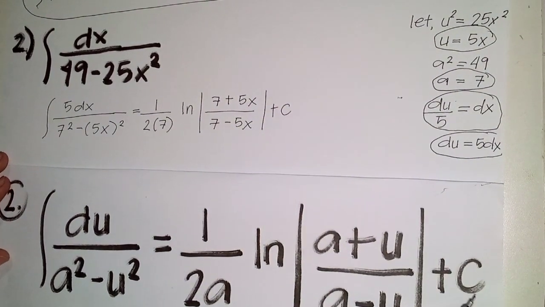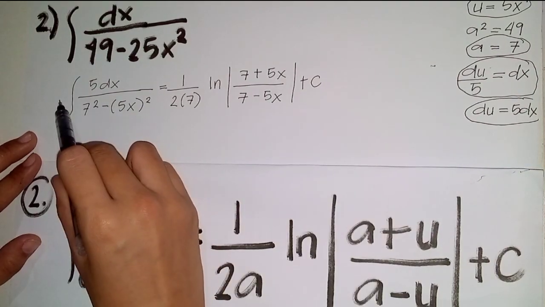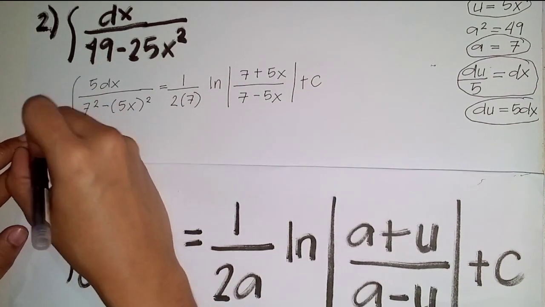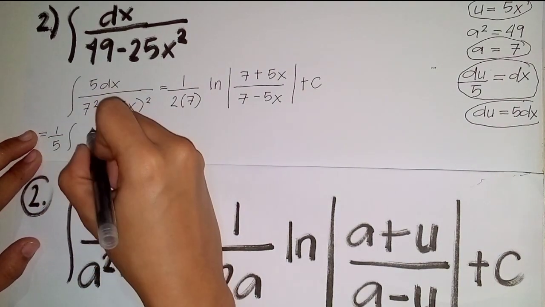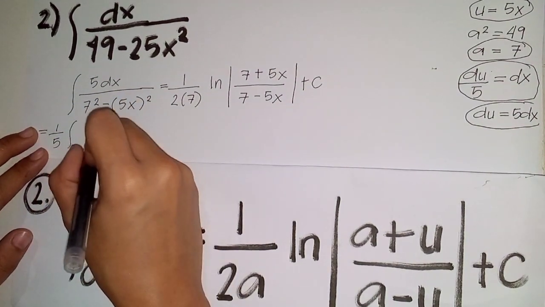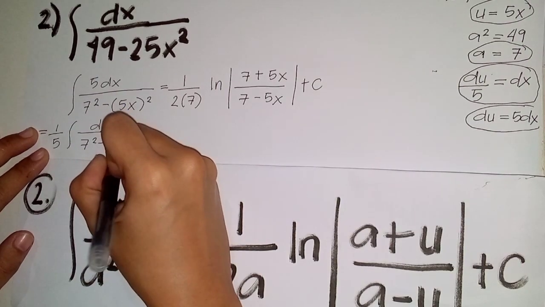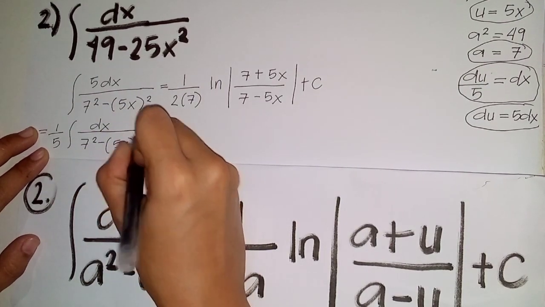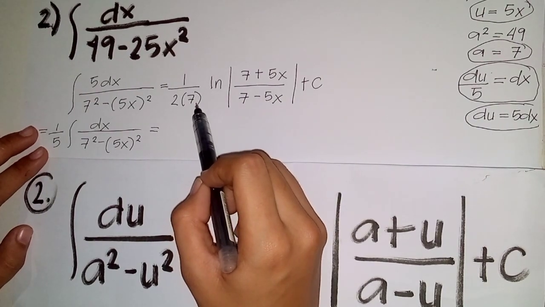Copy c. So now we're going to simplify this. Let us move 5 here in front. So it gives us 1/5 the integral of dx over 7 squared minus 5x squared. 1 over 2 times 7 is equal to 14.